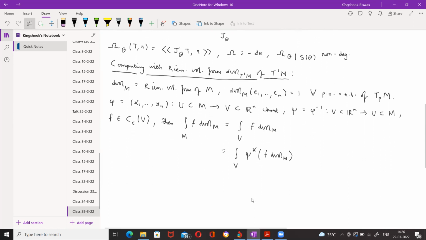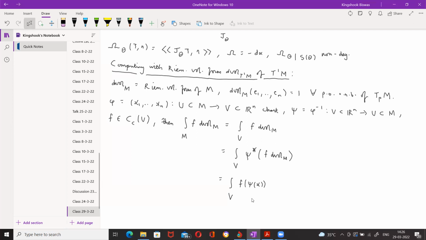So what is this pullback going to be? The integral of this pullback will be the integral over V of f of psi of x, and then I'm integrating the pullback, so it will be dvol M at psi of x applied to d psi of E1 to d psi of En, where E1 to En is the standard basis of R^n. Those will map to del del x1 up to del del xn.